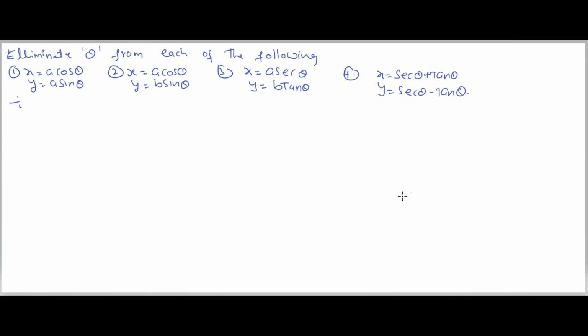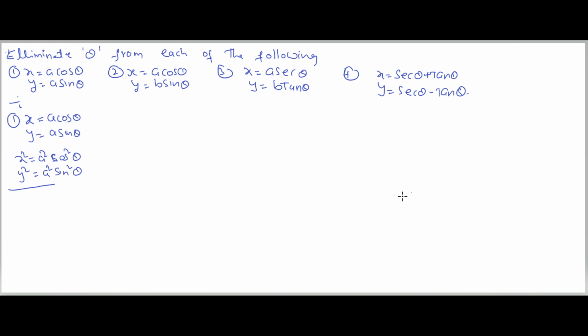Eliminate theta from each of the following. First one: x is equal to a cos theta and y is equal to a sin theta. Squaring on both sides, that is x square is equal to a square cos square theta and y square is equal to a square sin square theta.